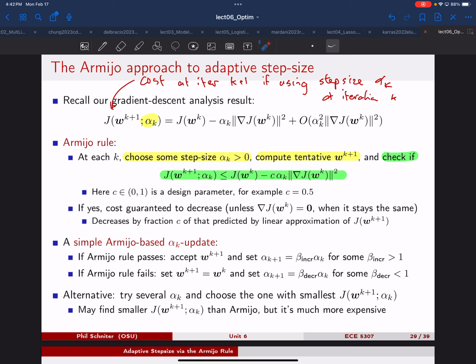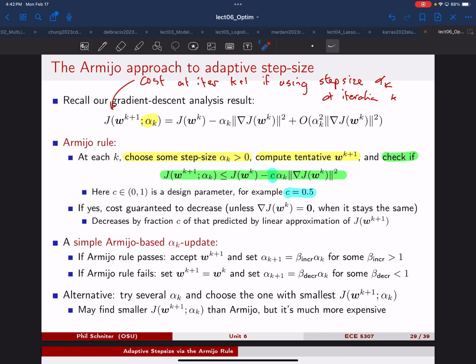This relationship says the cost after you take that step should be less than or equal to the cost of the previous iteration minus c times this first term here. So this c parameter, I want to emphasize, that c parameter is something we have to choose, the design parameter. Typical value might be like c equals 0.5.